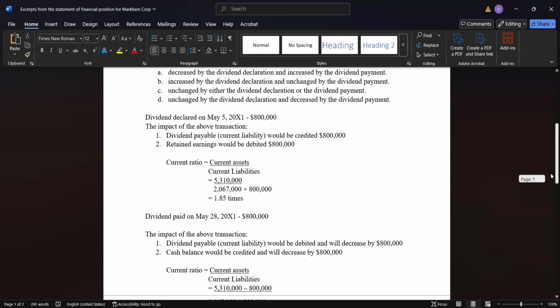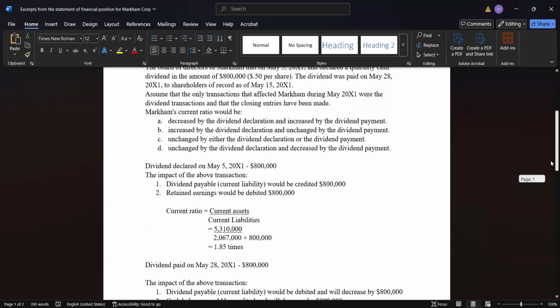So the options that are given are about what happened on dividend declaration and what happened on dividend payment. So the discussion is between these two. The only transactions that affected Markham during May 2021 were the dividend transaction and the closing entries.